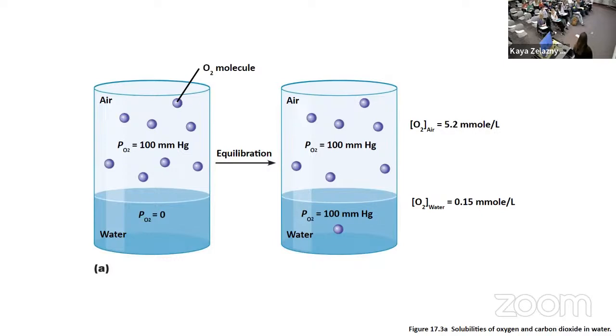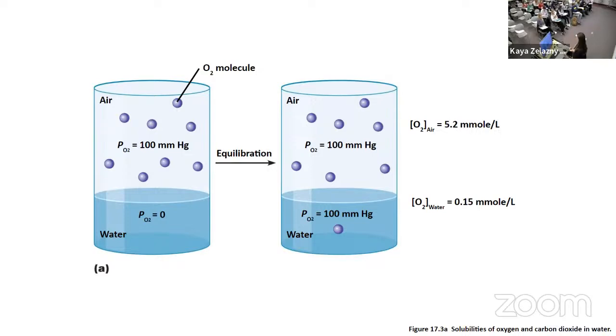So what I'm telling you now is that despite the fact that there are differences in solubility between different gases, if you have a partial pressure of oxygen of 100 in the air, it's going to dissolve into the liquid and it's going to reach equilibrium in that liquid. So it's going to dissolve however much it can until you also have a partial pressure of oxygen of 100 in that fluid. Okay, so that's the takeaway here. So gas in the air is reaching equilibrium with gas in the fluid.